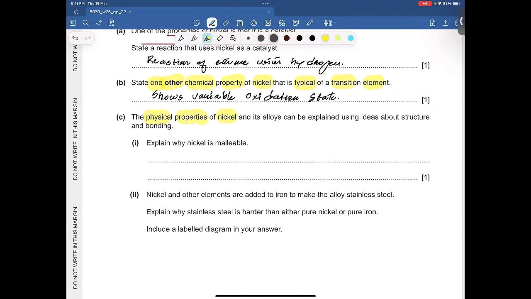The physical properties of nickel and its alloys can be explained using ideas about structure and bonding. Explain why nickel is malleable.